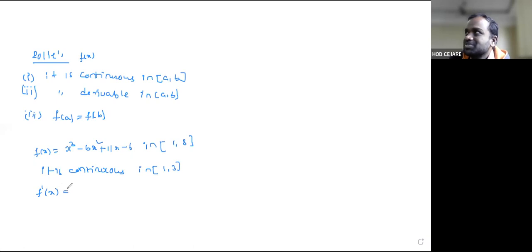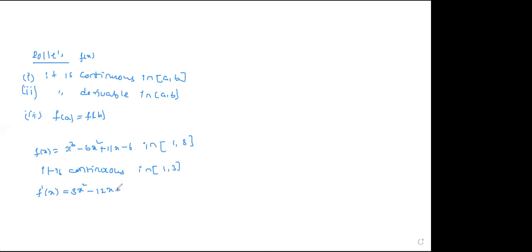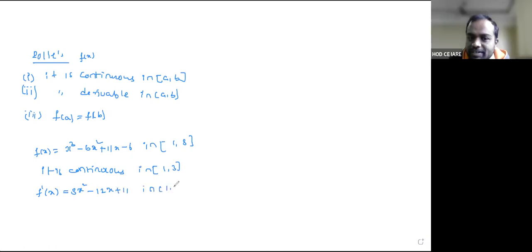So d by dx of x cube is 3x square, giving 3x square minus 12x plus 11. It is differentiable in the open interval of 1 comma 3.